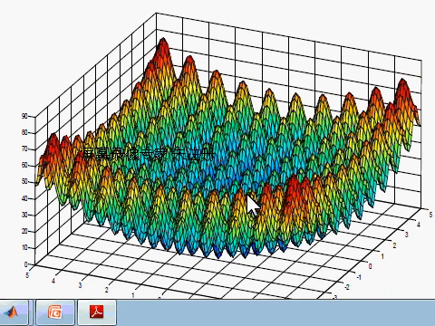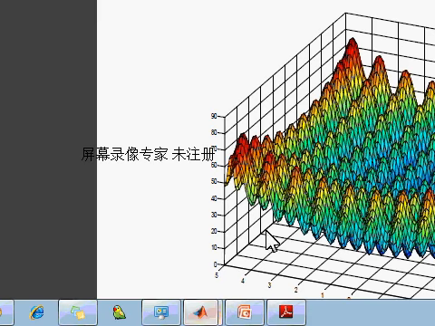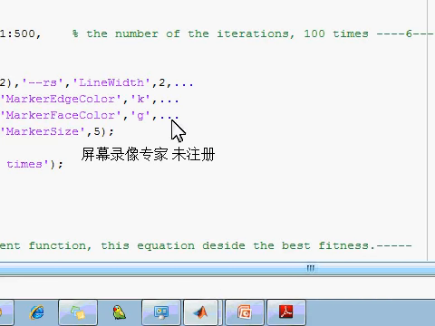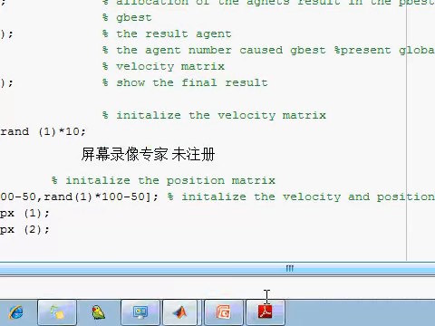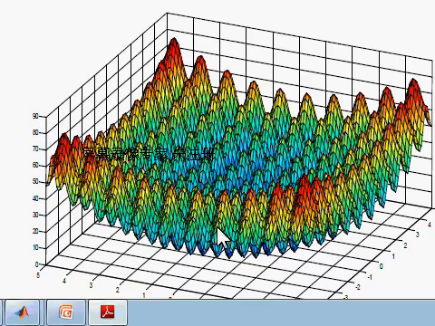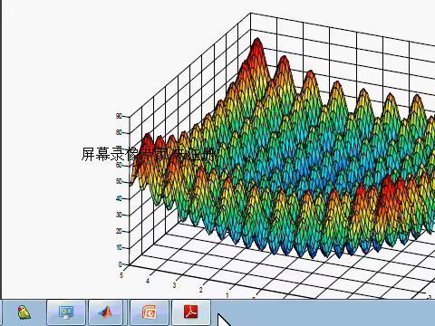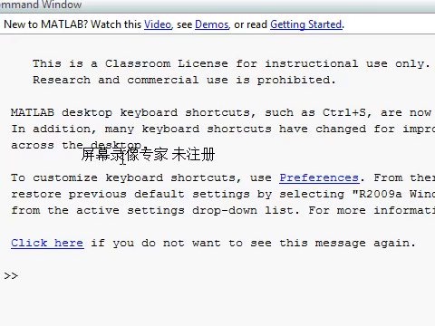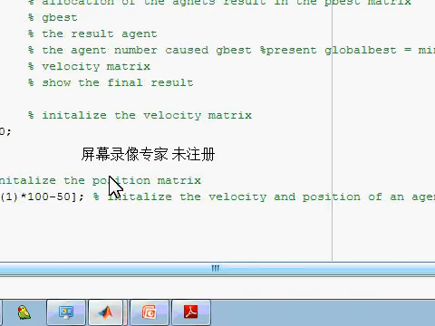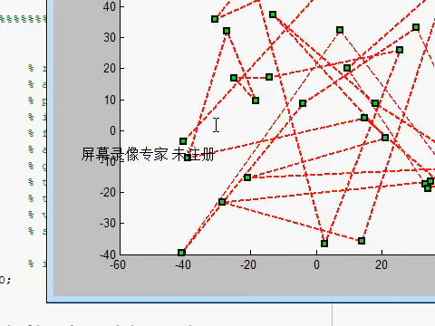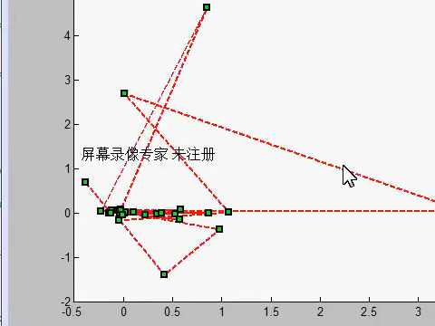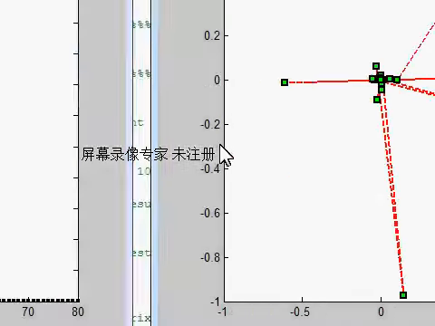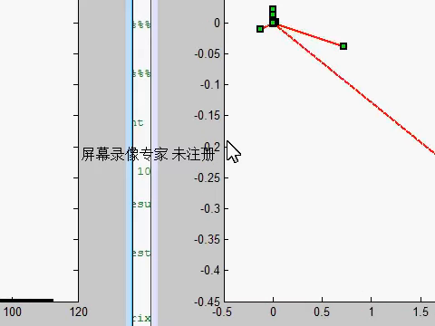So we are going to demonstrate this MATLAB program to see how these particles find the global minimum, which is at the 0 point. So let's run this program.